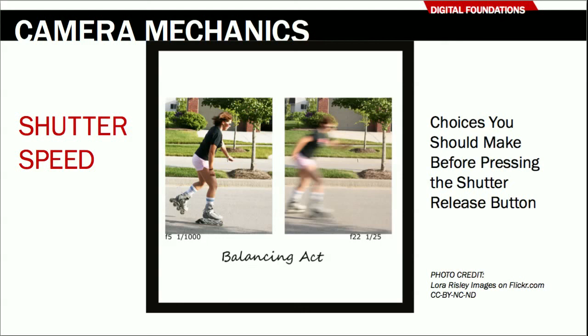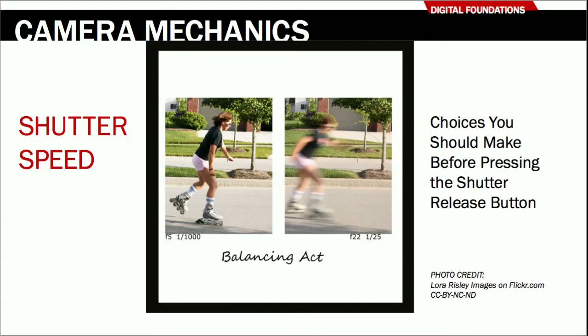The shutter speed is how quickly or how slowly the shutter opens and closes. So if you have a fast shutter speed, like the image on the left was shot at 1/1000th of a second, you will capture movement as if the subject is frozen in time, right?